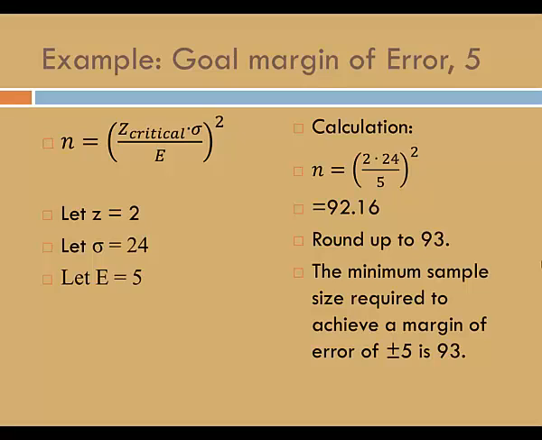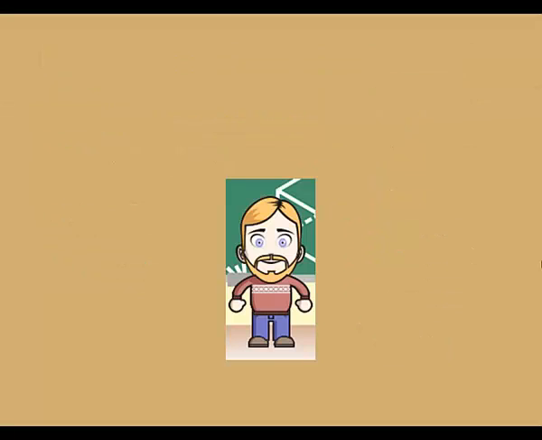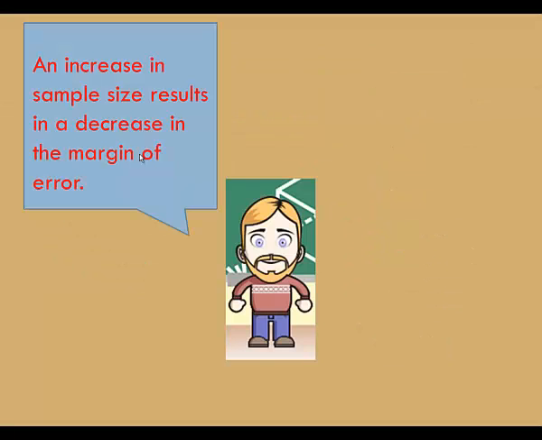We round up to the next integer, 93. So the minimum sample size required to achieve a margin of error of plus or minus 5 is 93. So an increase in sample size results in a decrease in the margin of error.